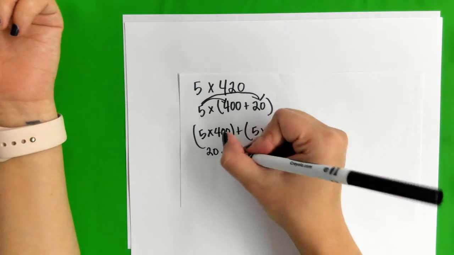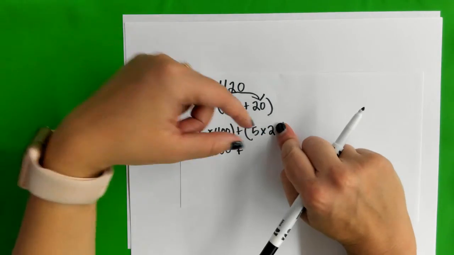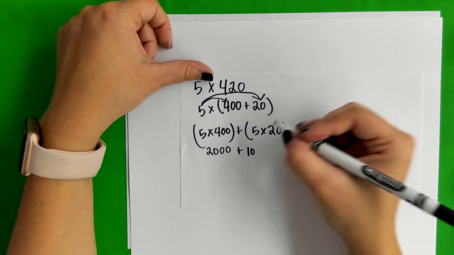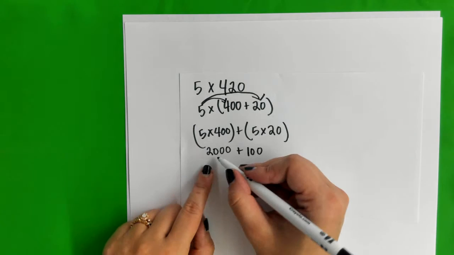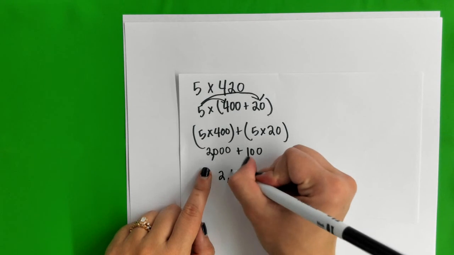Uncover 2 zeros, add 2 zeros. 5 times 2 is 10. Uncover a 0, add a 0. So now we have 2,000 plus 100, which would give us 2,100.